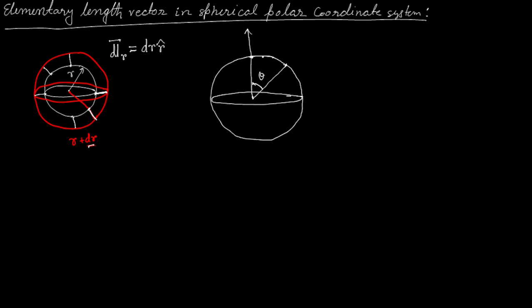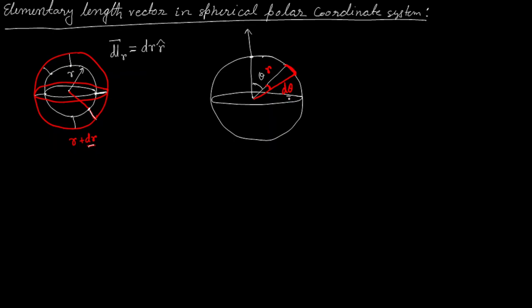So if we increase this value of theta by a small angle d theta, keeping r and phi fixed, this point will shift along this semicircle. If this angle is d theta and the radius of the sphere is r, then this will be the elemental length. When d theta is very, very small, this length will also be very, very small. So this length is called the elemental length.